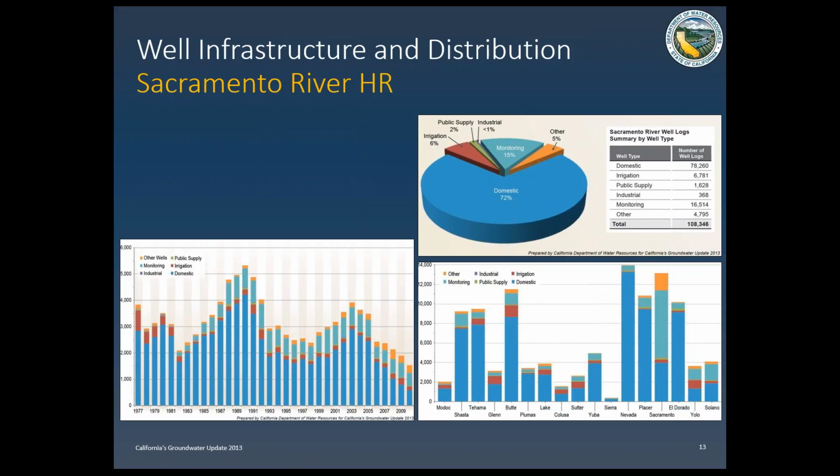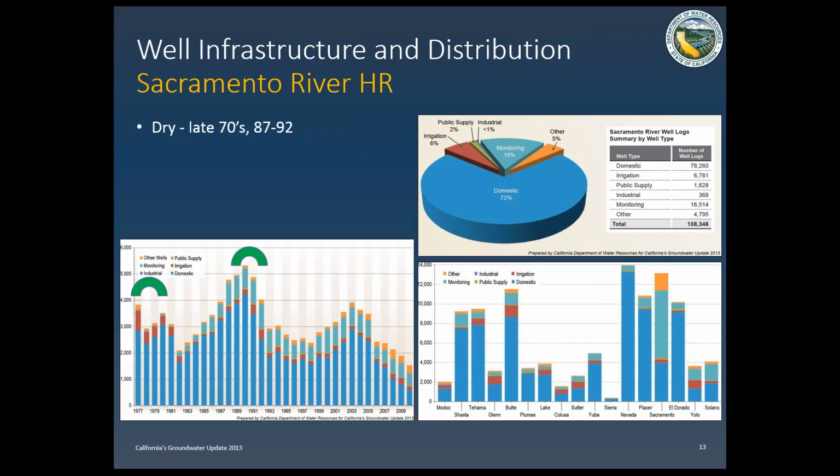Sacramento is not nearly as much urban area, so we see a lot more domestic wells, fewer monitoring wells, and we also see more ag wells as a result of the more rural area. And we do see the evidence of some of the dry years. In the late 70s, it shows up very clearly with the increases in the number of ag production wells.